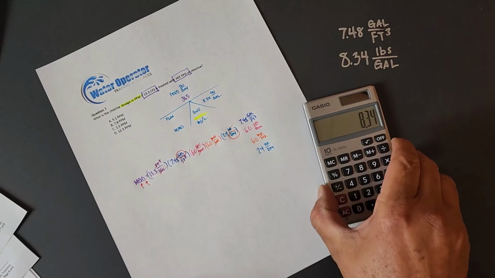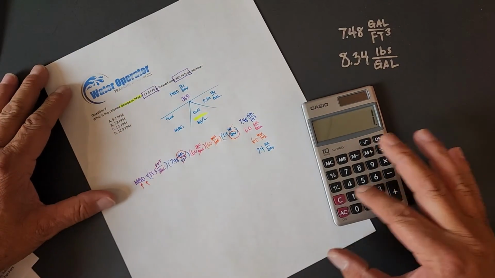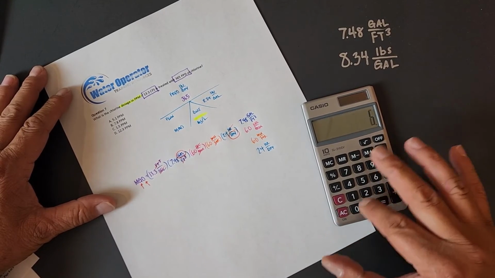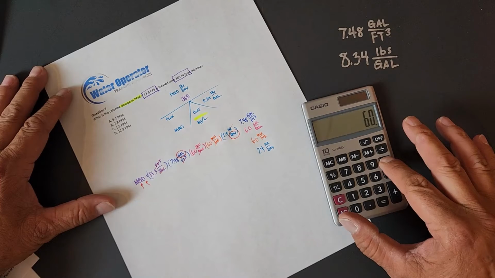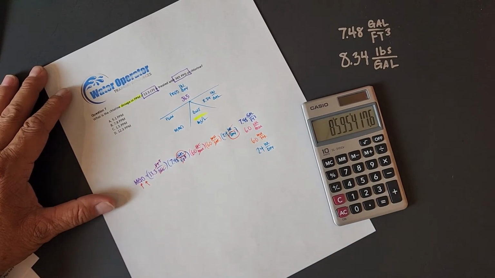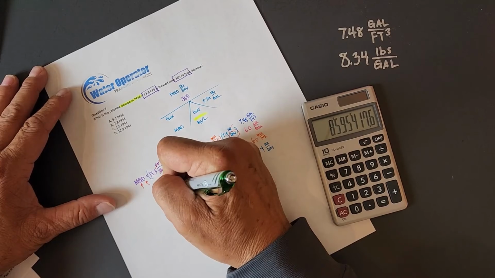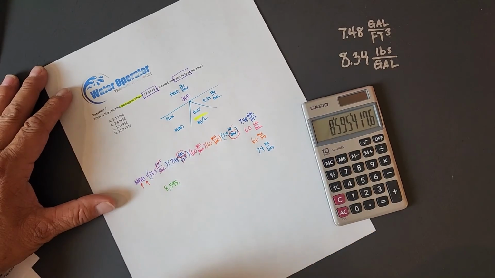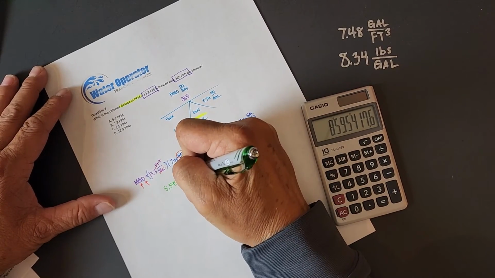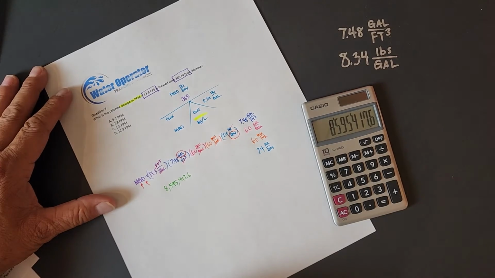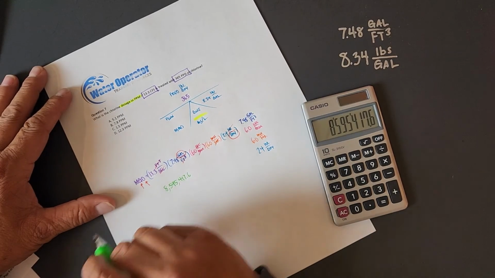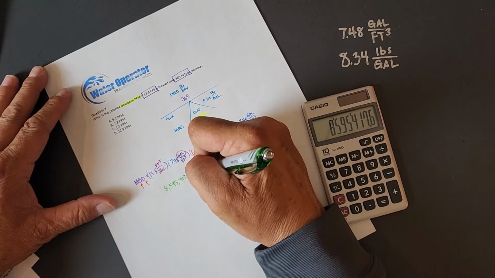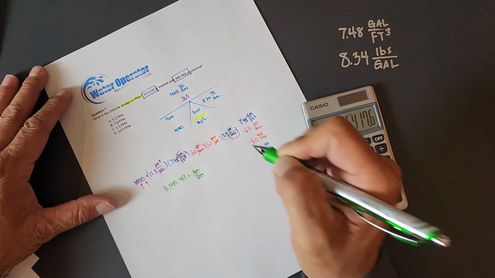Let's multiply this: 13.3 times 7.48 times 60 times 60 times 24, and that's going to give me 8,595,417.6 gallons per day.